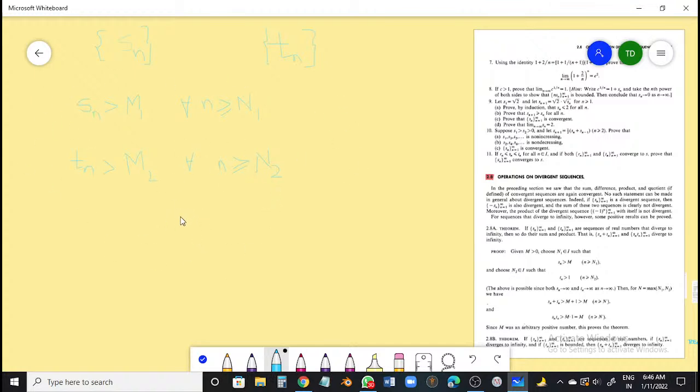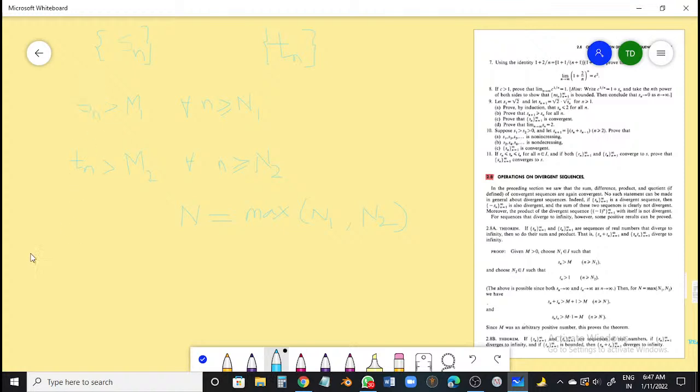If I say capital N is the maximum of N1 and N2, so what do you observe? All n's which are greater than the maximum will satisfy both the inequalities.